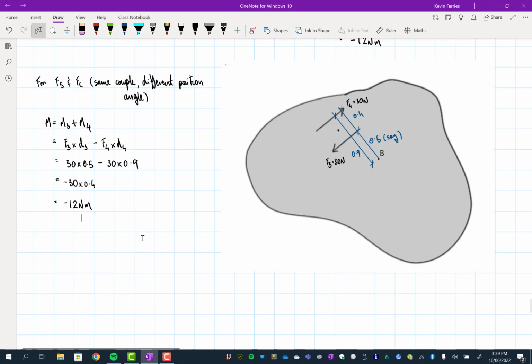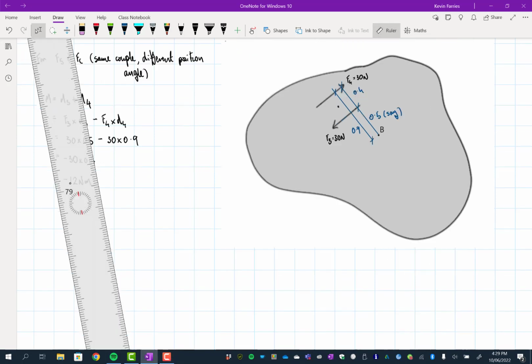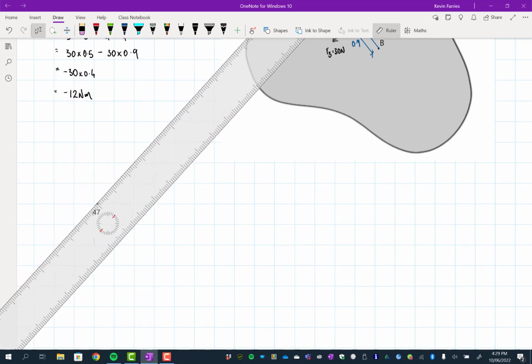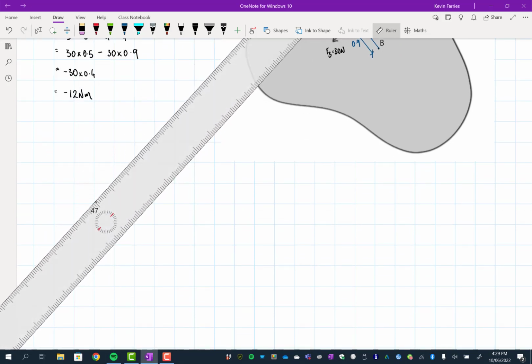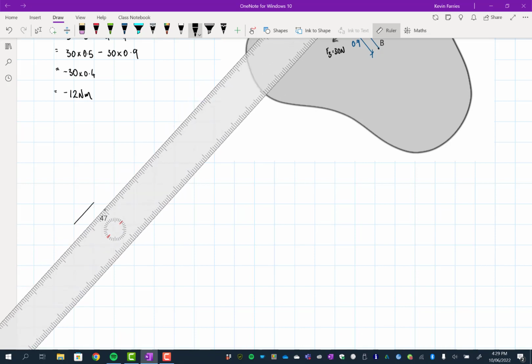So just to summarize, a couple is two forces that have parallel lines of action but opposite directions.